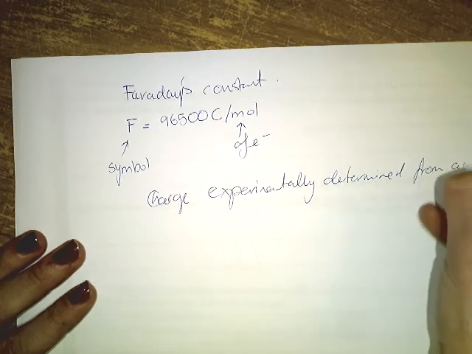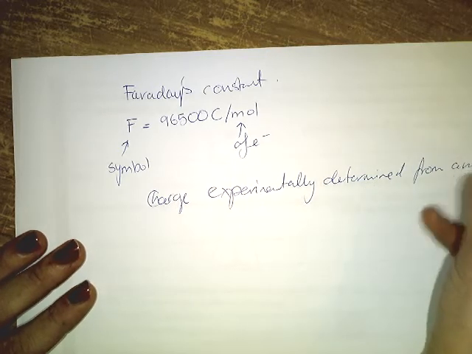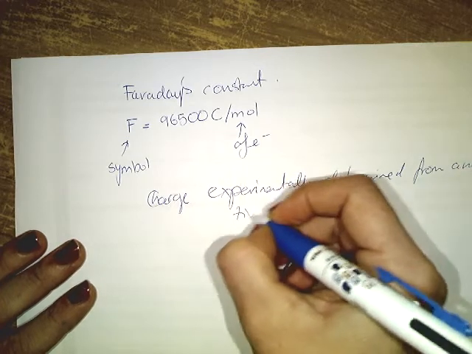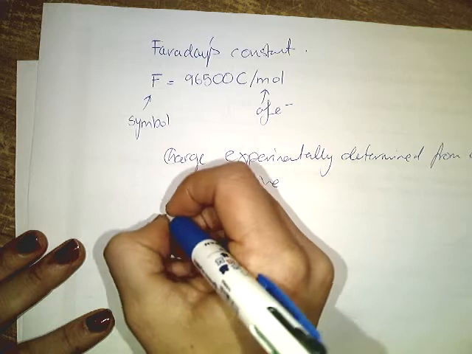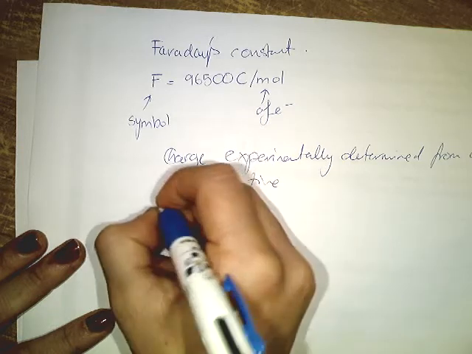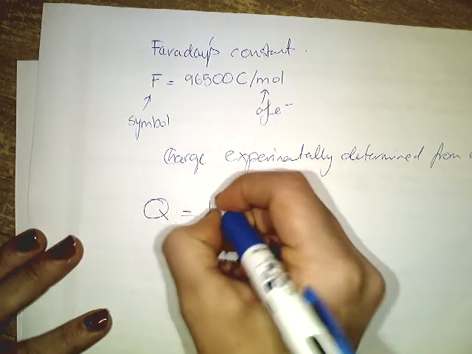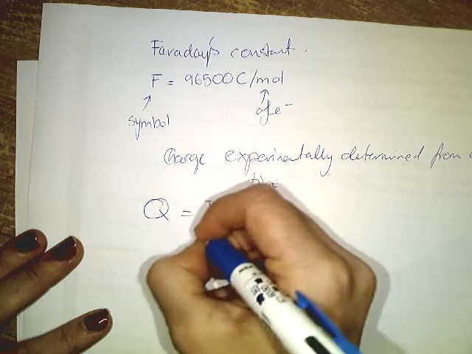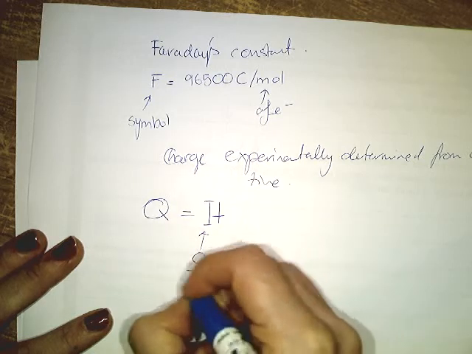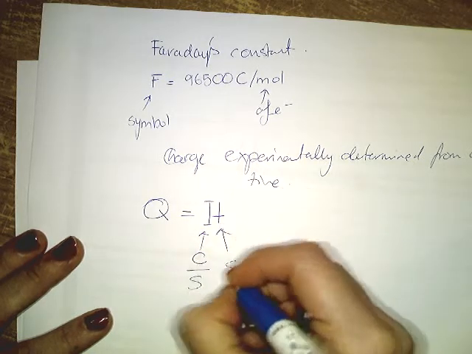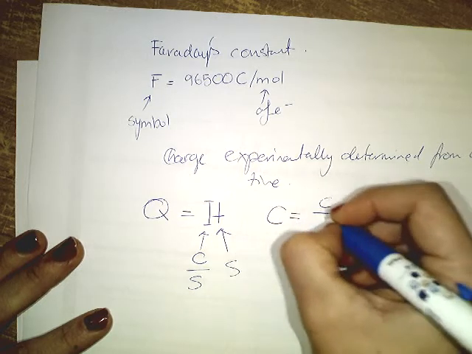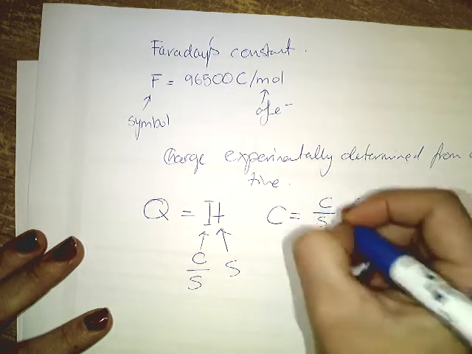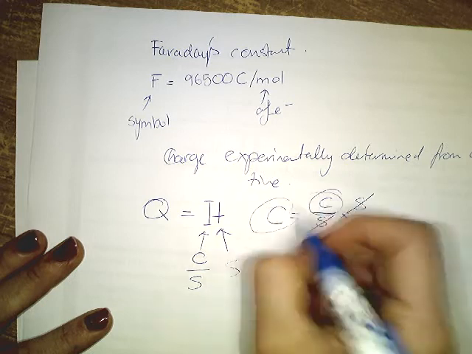From amps and time. So if you have a look, Q equals IT. This is coulombs per second. This is seconds. Coulombs equals coulombs per second times seconds. Seconds cancel out. Charge equals charge.